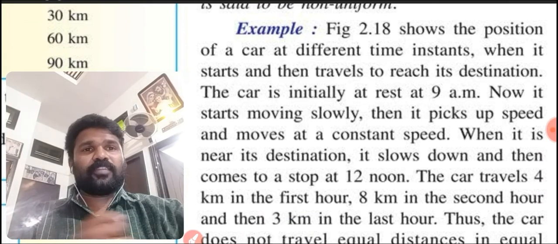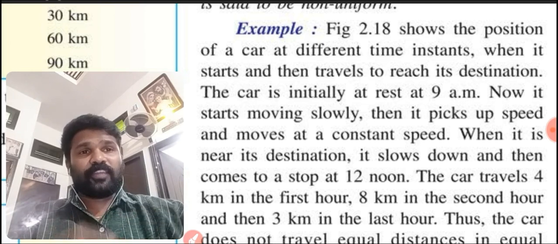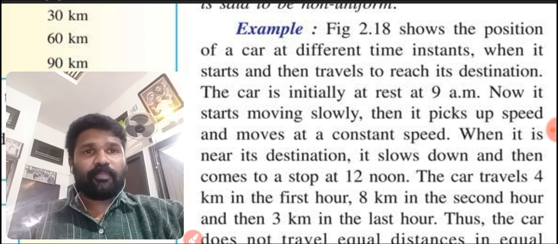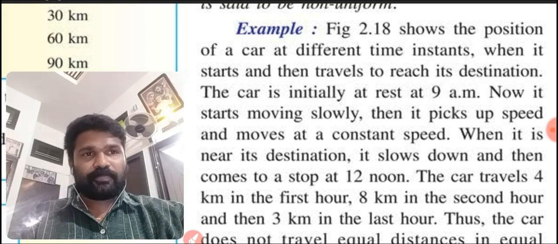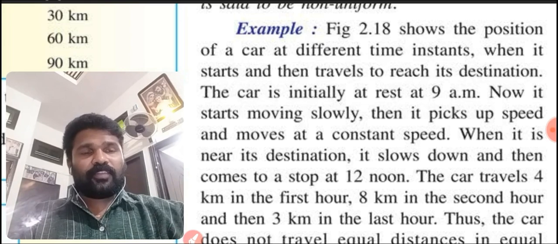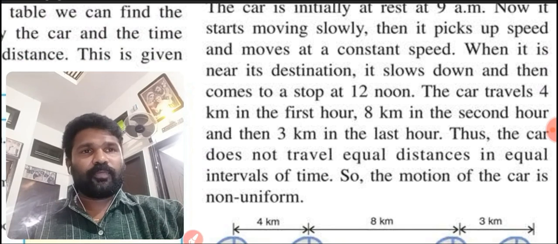When it starts and then travels to its destination, the car is initially at rest at 9 a.m. Now it starts moving slowly, then it picks up speed and moves at a constant speed. When it is near its destination, it slows down and then comes to a stop at 12 noon.